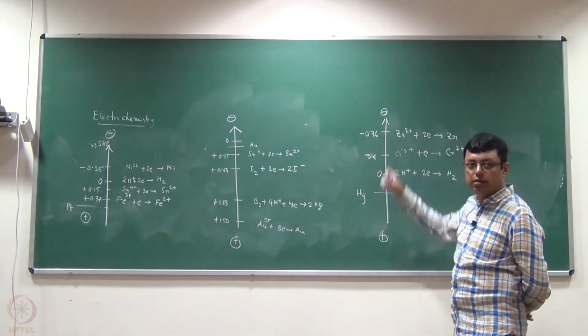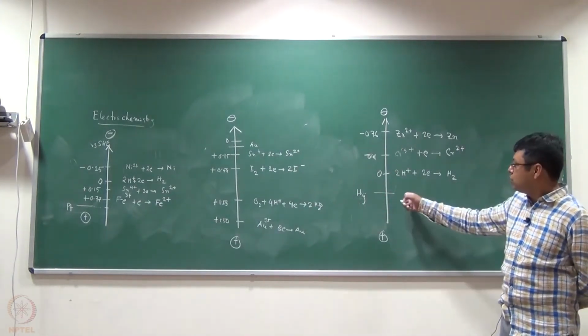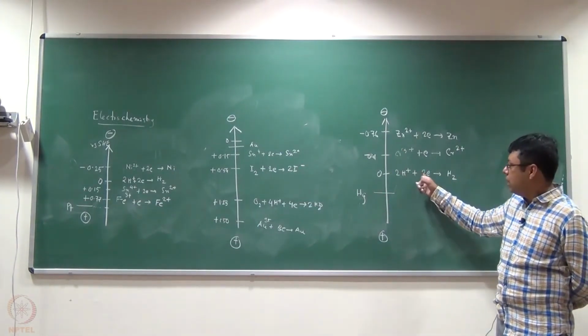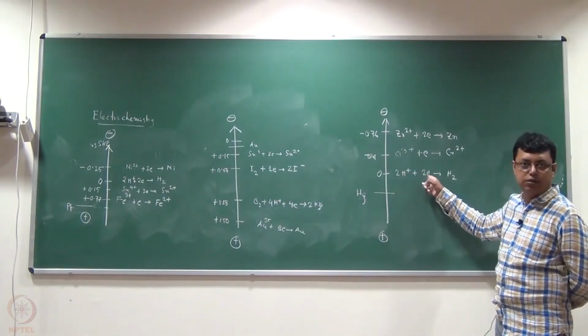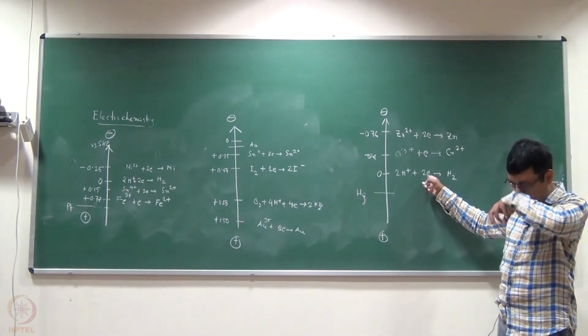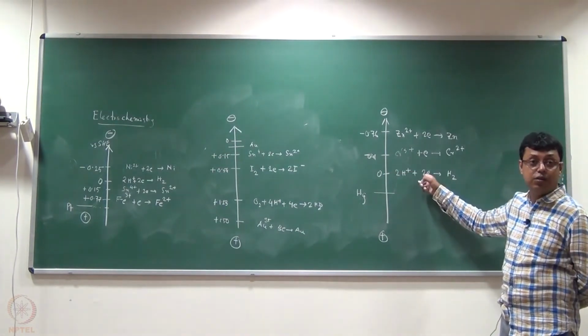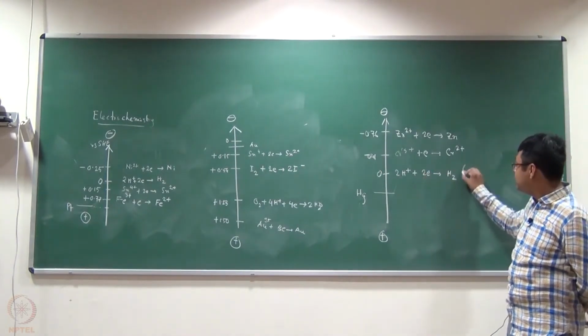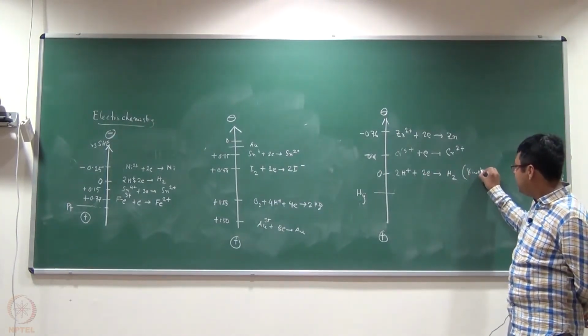Now suppose I am sweeping. Once you sweep, you will find that this reaction, although thermodynamics is suggesting that it should come around 0, will never come, because it is kinetically inert.